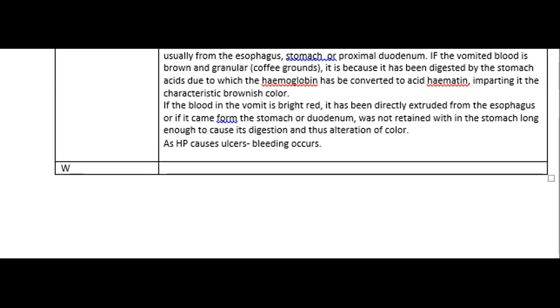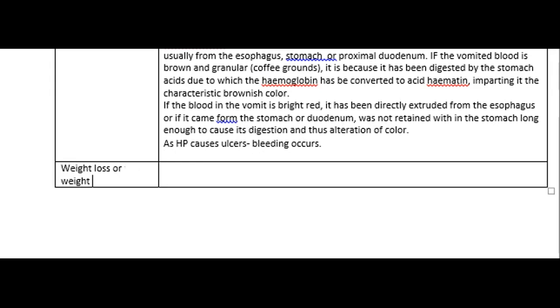The next symptom is weight loss or weight gain. Because eating causes pain, many patients with gastric ulcers avoid meals and consequently lose weight.